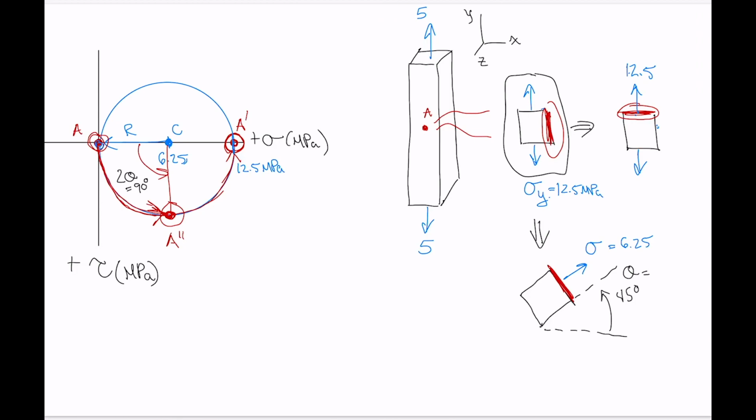In terms of naming stresses, if we had an x-axis and a y-axis, and then we tilted them, this is now the y prime axis, and this is the x prime axis. So this is sigma x prime is 6.25.